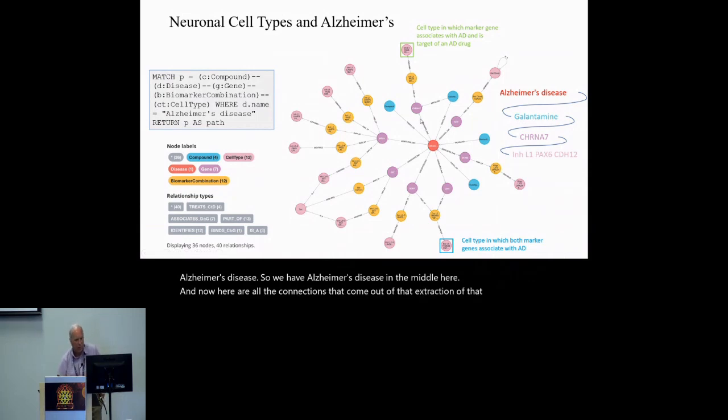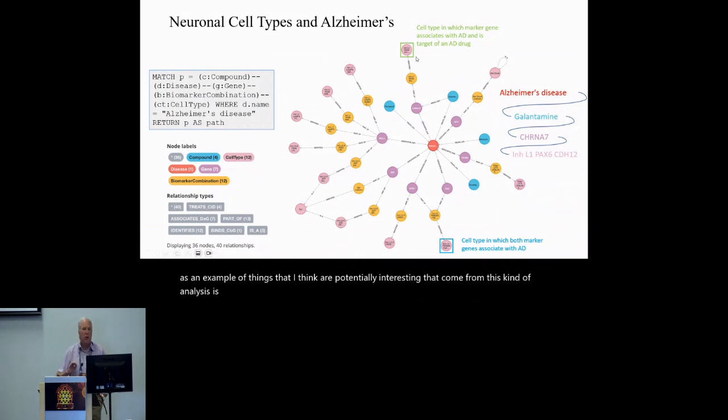But as an example of things that I think are potentially interesting that come from this kind of analysis, this is a particular type of inhibitory neuron that was in the middle temporal gyrus. It has one marker gene that specifically defines that cell type, this gene CHRNA7.